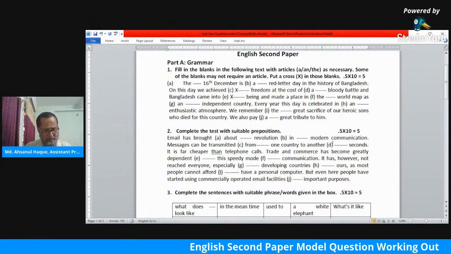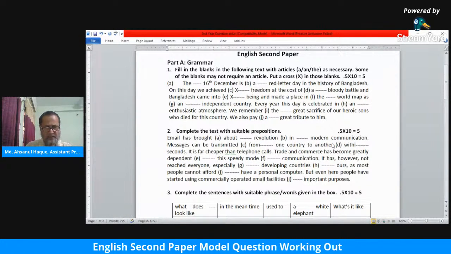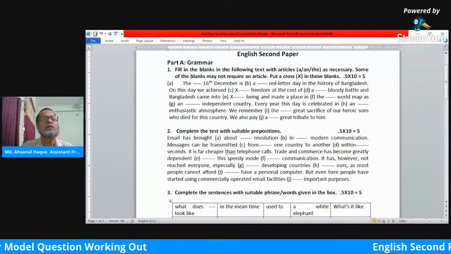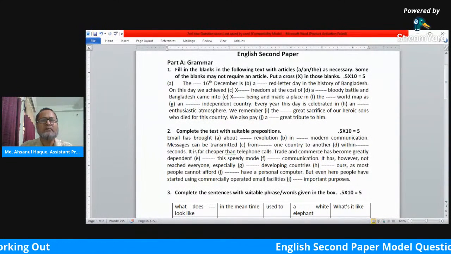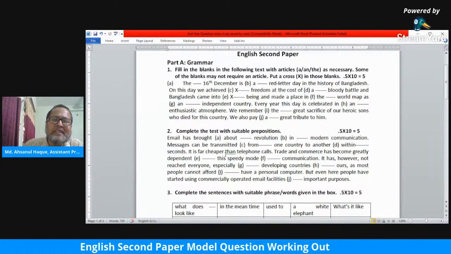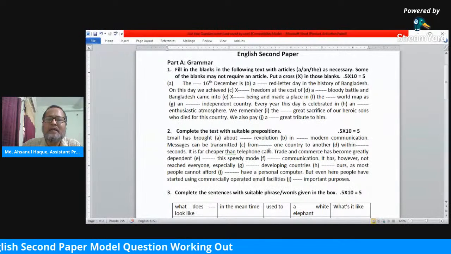So there should be 'within'. It is far cheaper than telephone calls.